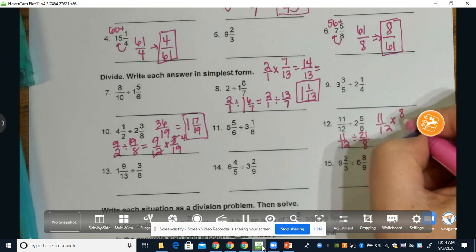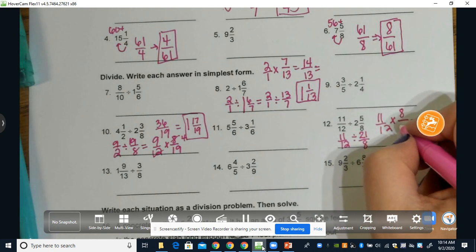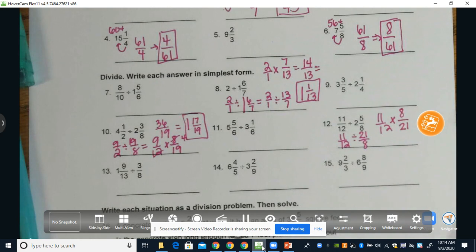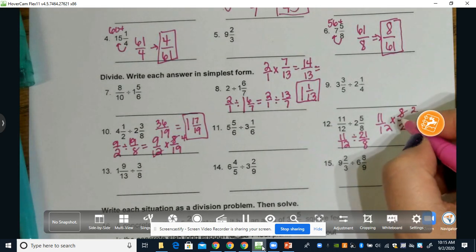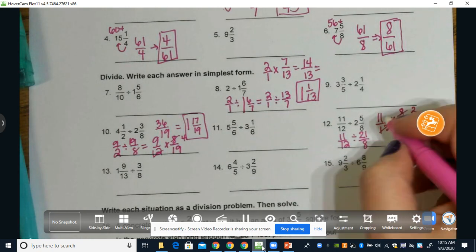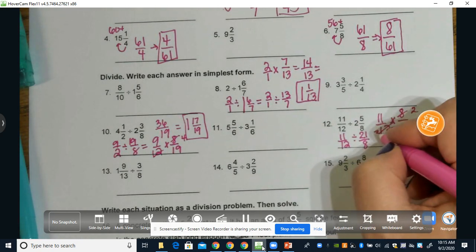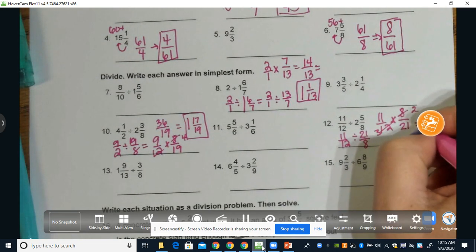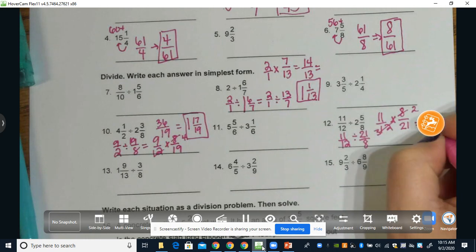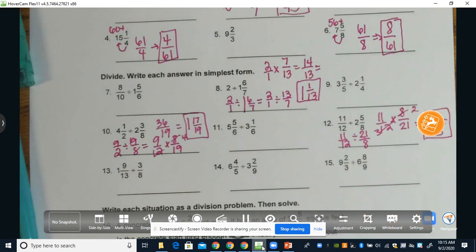Multiply, and then I'm going to flip it. 8 over 21. Okay, as I see, 8 and 12 can both be divisible by 4, so I get 2 and 3. So 11 times 2 gives me 22, and 3 times 21 gives me 63. And that is in simplest form.